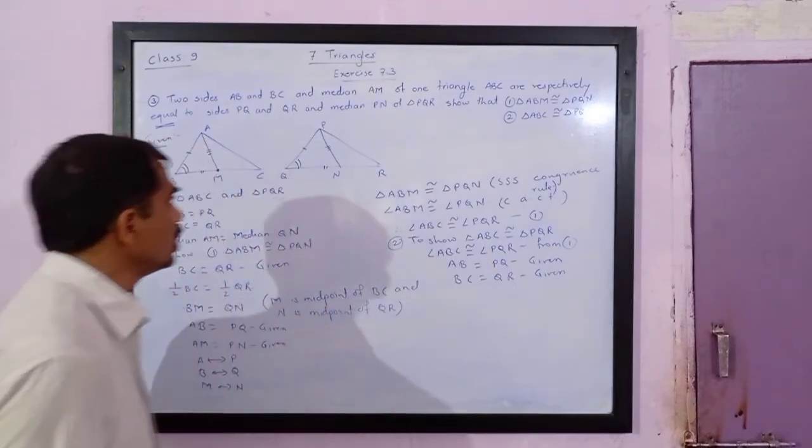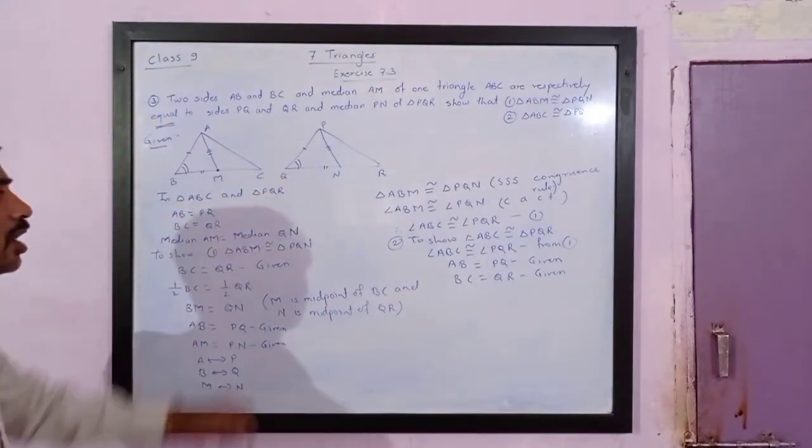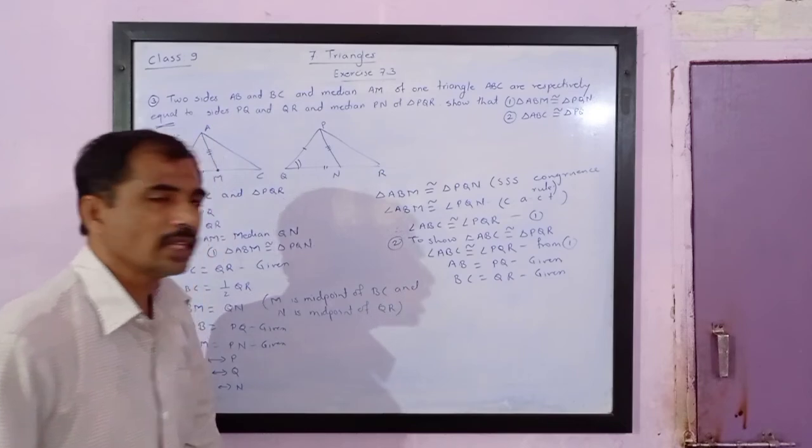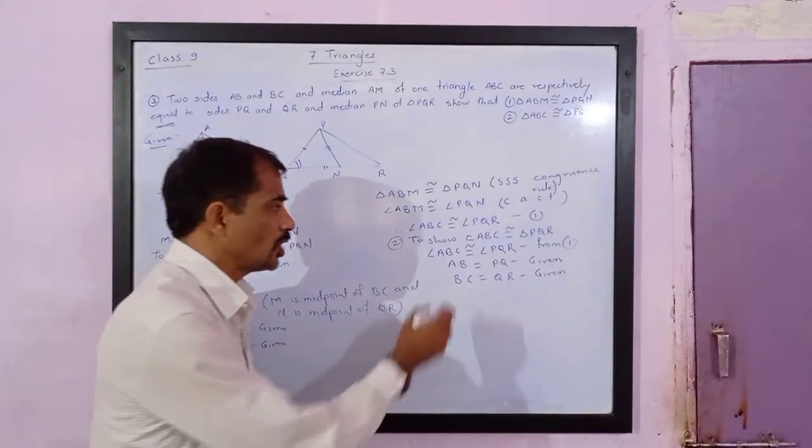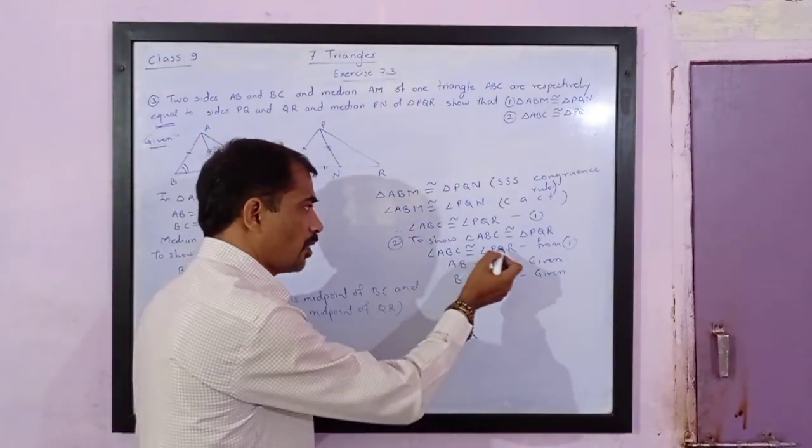Now you can see two sides and the included angle are congruent, so the two triangles are congruent. But for this we need to write one-to-one correspondence. Watch carefully. We write one-to-one correspondence from the angles.